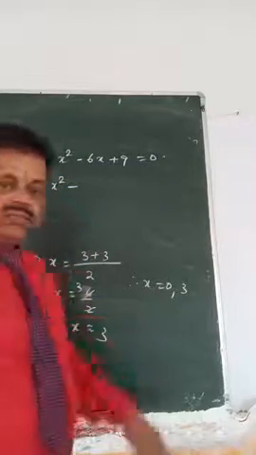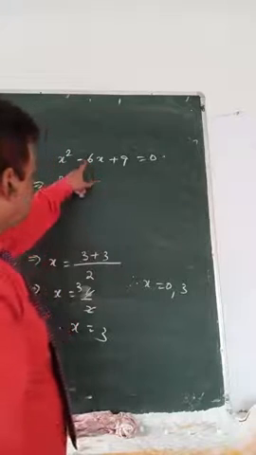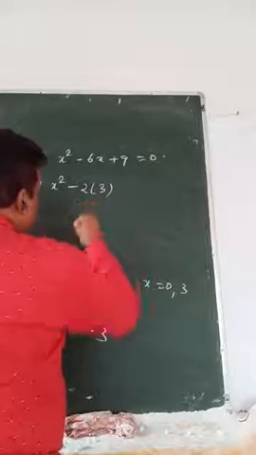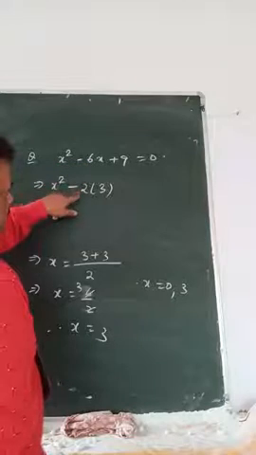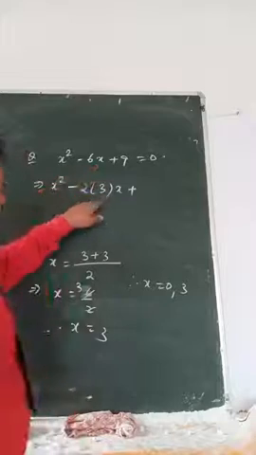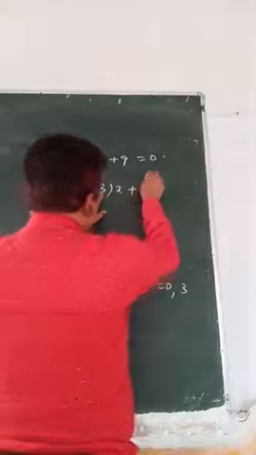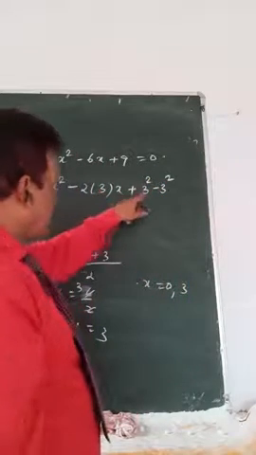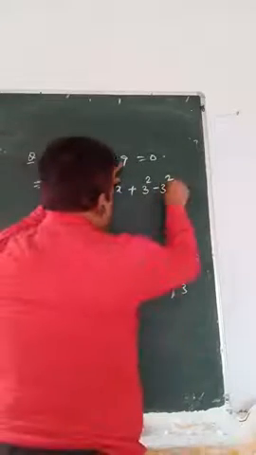In the previous question there was no 2, but in this you can have a 2, because 6 is already 2 into 3, so it has a factor of 2. So you write 2 into 3x. Now the question is, what is b? b became 3. So first you add 3 square and subtract 3 square, that is plus b square minus b square. After that, this 9 you have to write here.